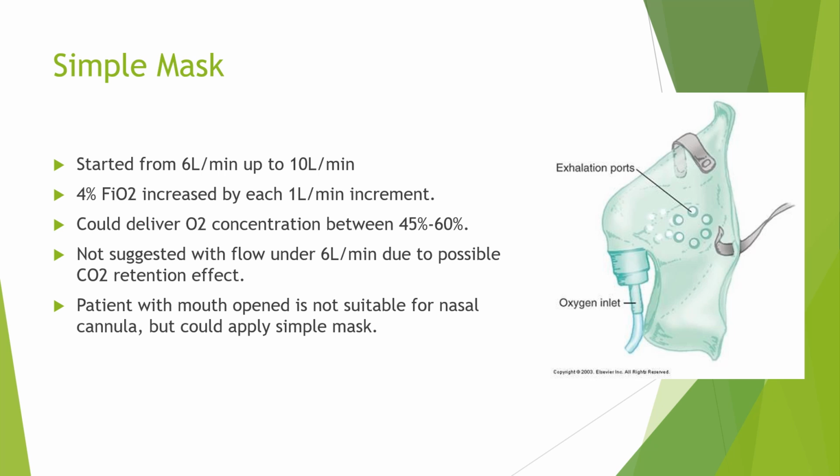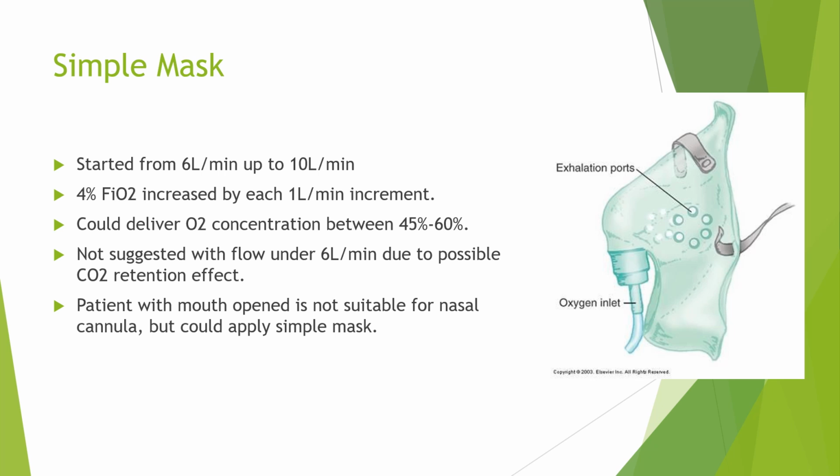When using a mask, no matter whether it is a simple mask or a non-rebreathing mask, we suggest a flow of no less than 6 liters per minute, because both masks could cause CO2 retention. For the simple mask, we suggest starting from 6 liters per minute up to 10 liters per minute.